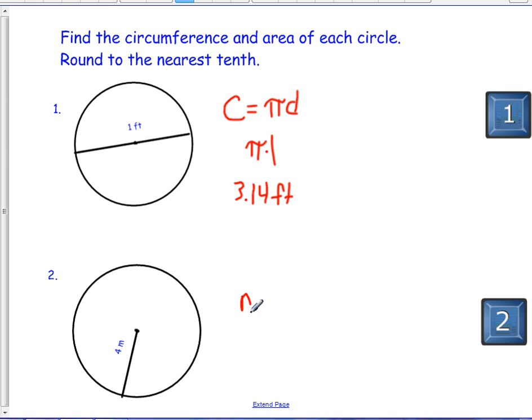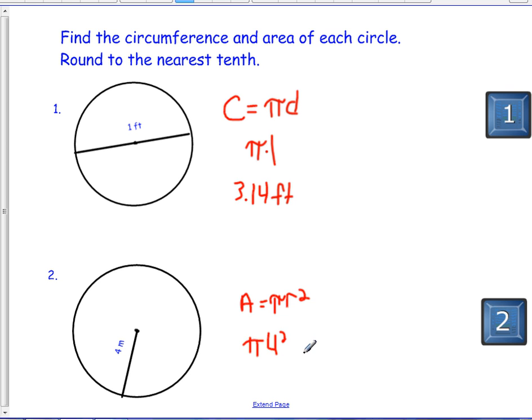So area is pi r squared. Okay, so our radius here is 4 meters, so we're going to do pi times 4 squared.